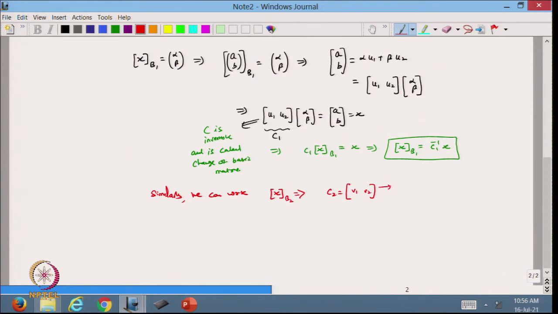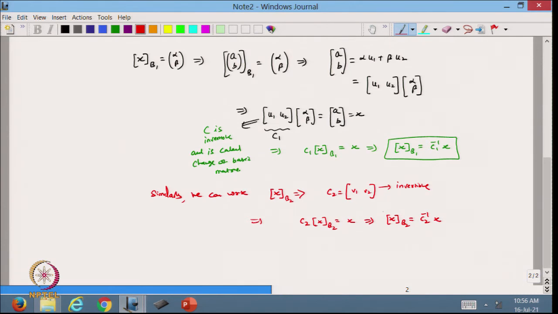This is also invertible, and C2 times the coordinates of x with respect to the basis B2 is equal to x. So from here I can write that [x]B2 is C2 inverse x.